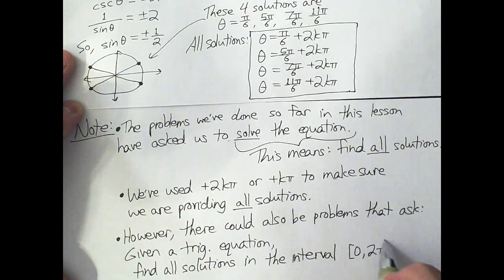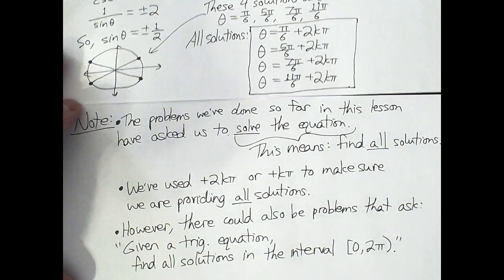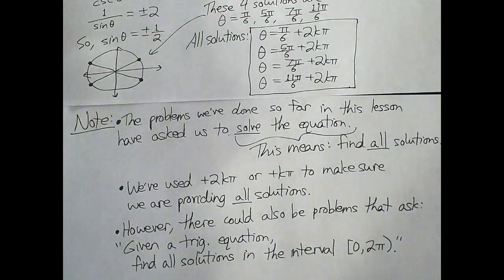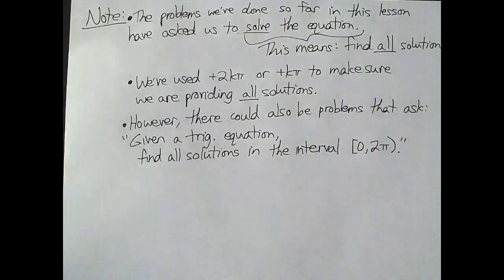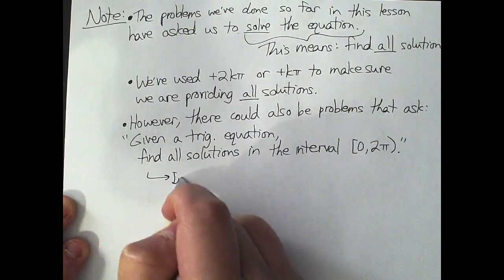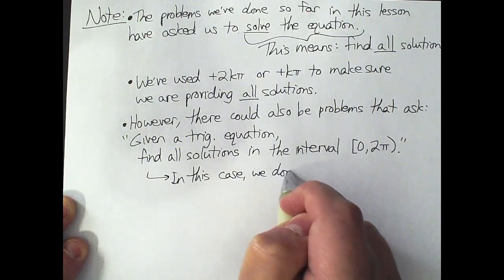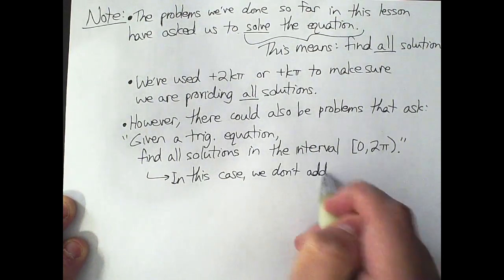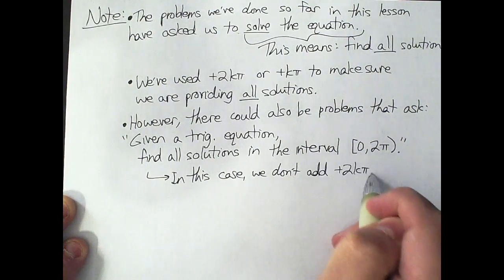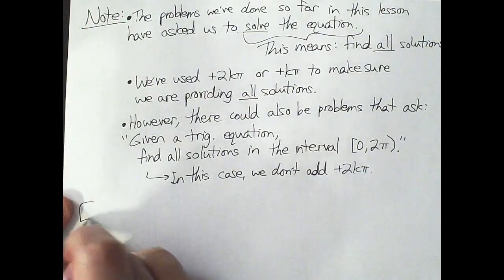I'm going to put this in quotation marks. Like, you could get a problem of this type. I guess I have to move away the other page now. In this case, we don't add plus 2k pi. So, I'll show you an example. Let's do one.